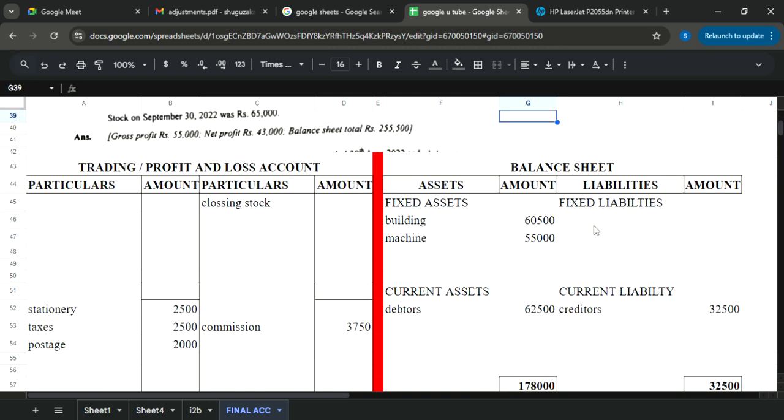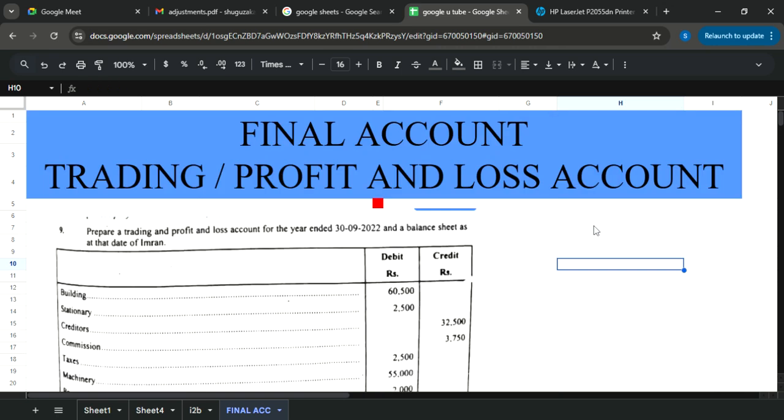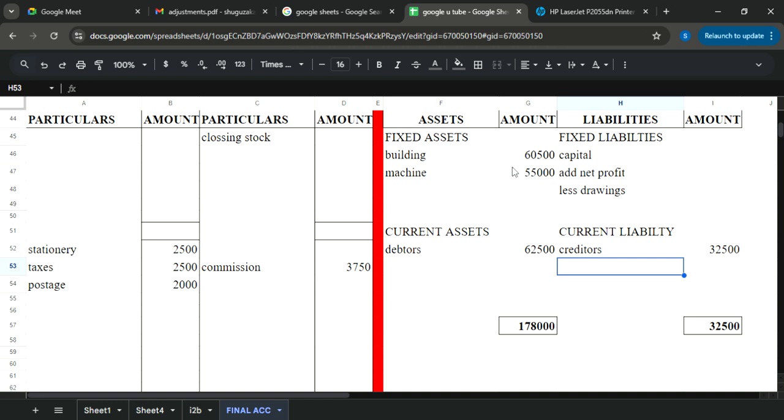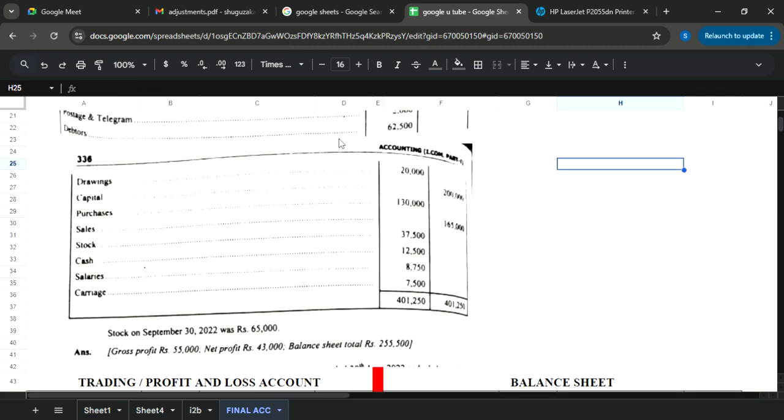As it was earlier told, here you will write your capital, then you will add your net profit, and subtract drawings. So here you will write the amount of drawings, which is 20,000. Here in the inner column you will use 20,000 drawings.